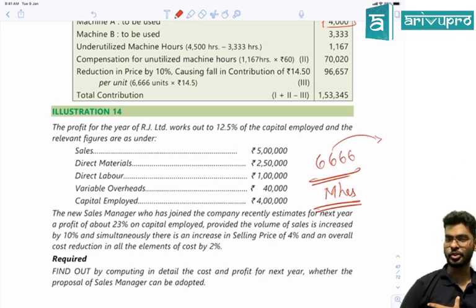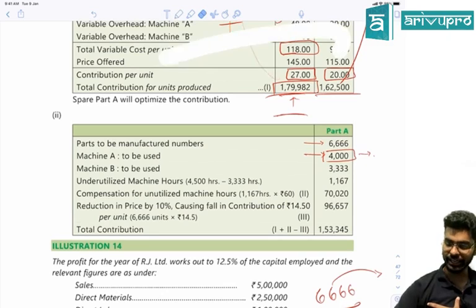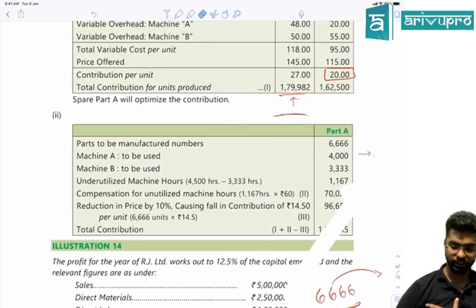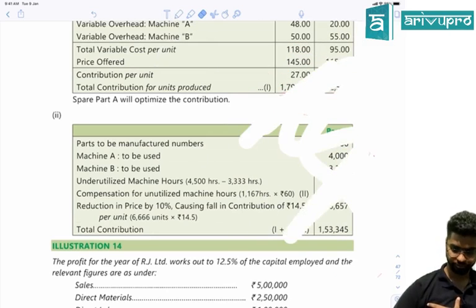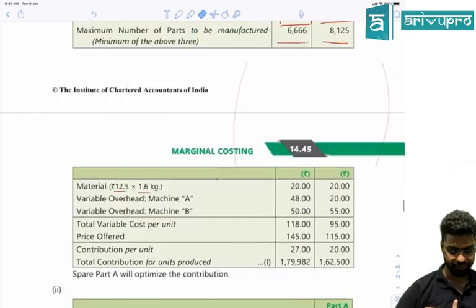Guys, did you understand this? Should I repeat again? Okay. Priyanka, see here. I have decided that I'm going to be producing part A, correct?